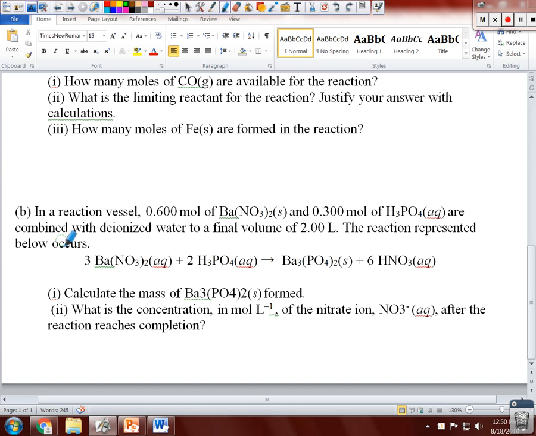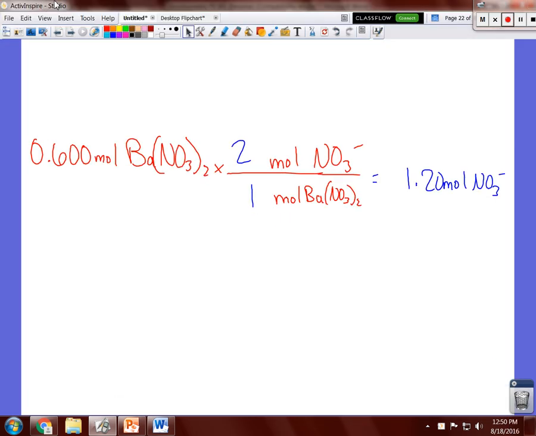Are combined with deionized water to a final volume of 2 liters. So what do you do with your moles? Fantastic. So we've got 1.2 moles of nitrate divided by 2.0. Is it 2.00 or just 2? 0, 0. So 2.00 liters.